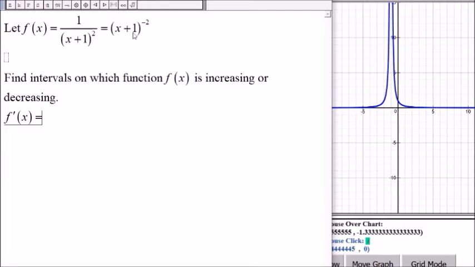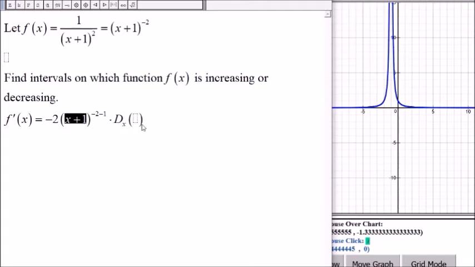So here we have (x plus 1) to the negative 2, and to find the derivative we use the chain rule by letting u be x plus 1. The chain rule is: do the regular derivative, put the negative 2 in front of the x plus 1, subtract 1 from the exponent, and then multiply by the derivative of the x plus 1, the part that we call u.